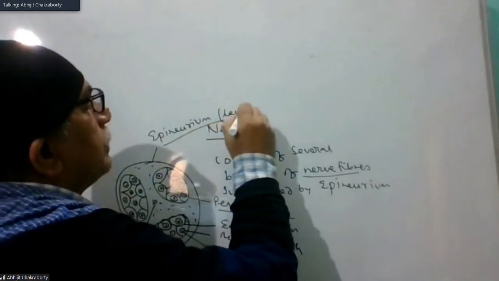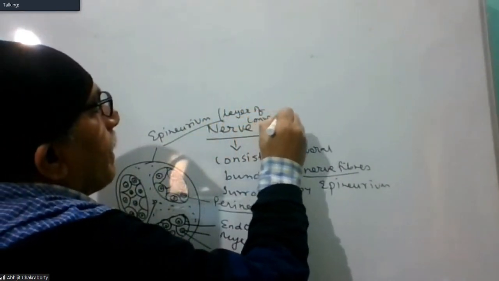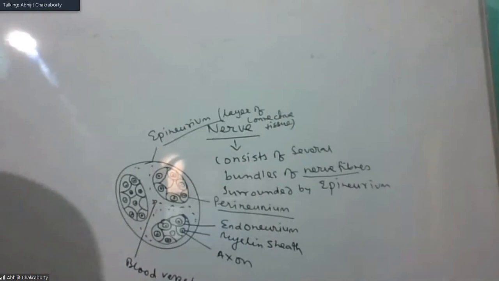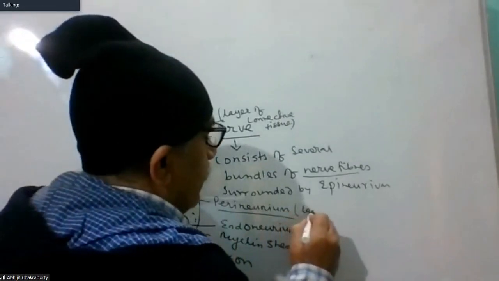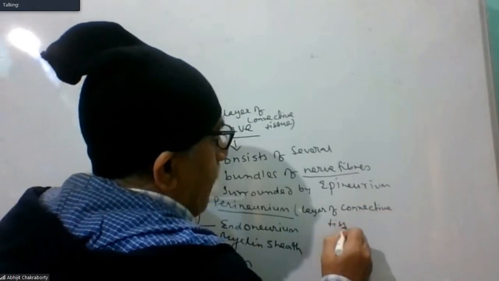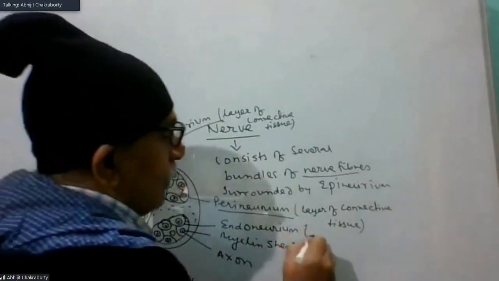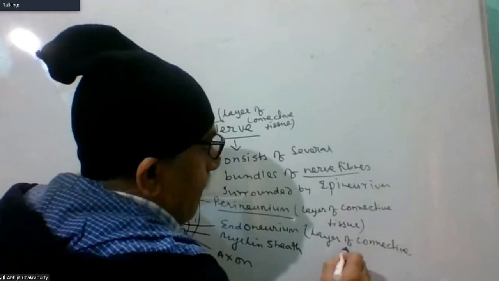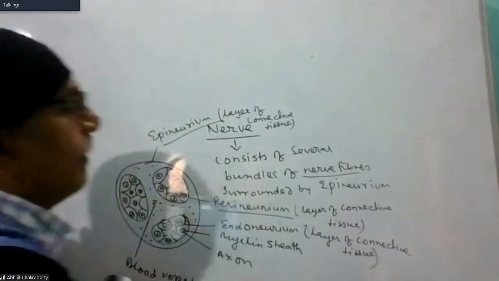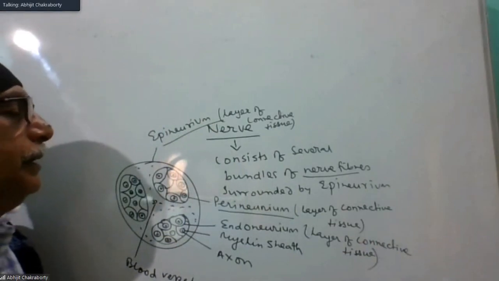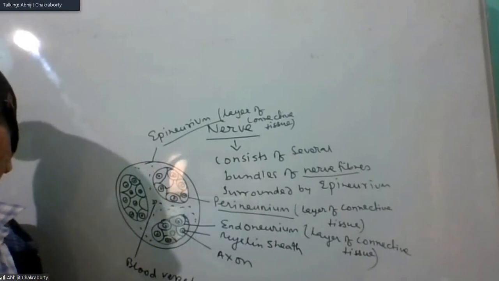Epineurium, perineurium, endoneurium are all layers of connective tissue found to surround this.